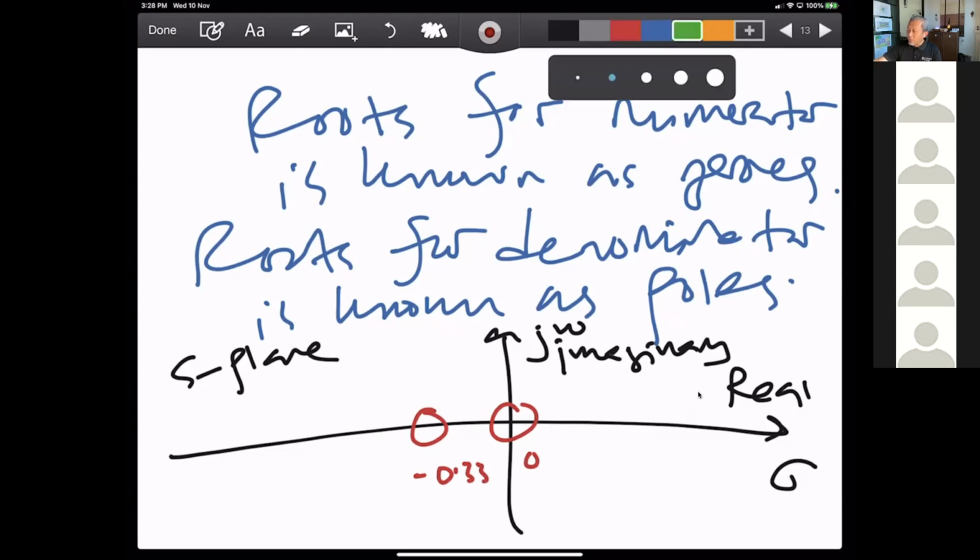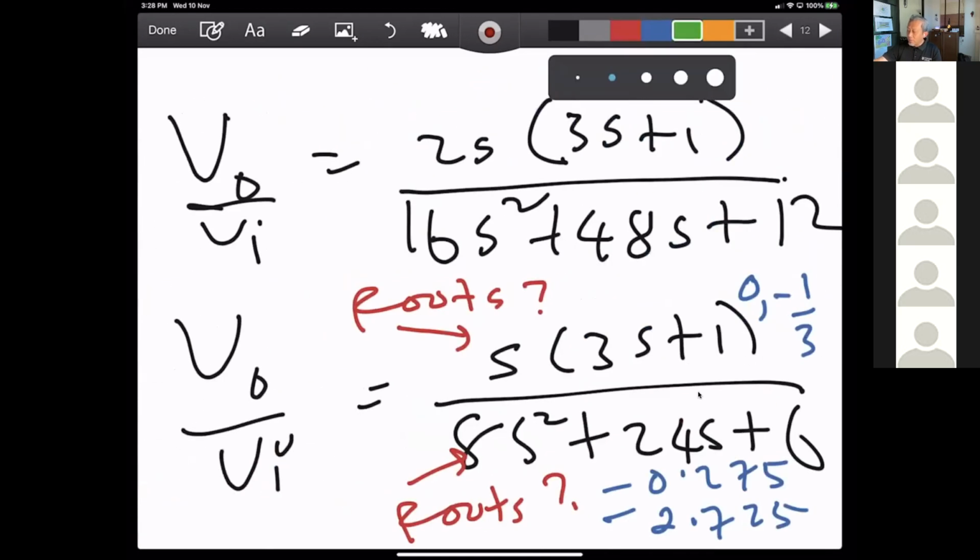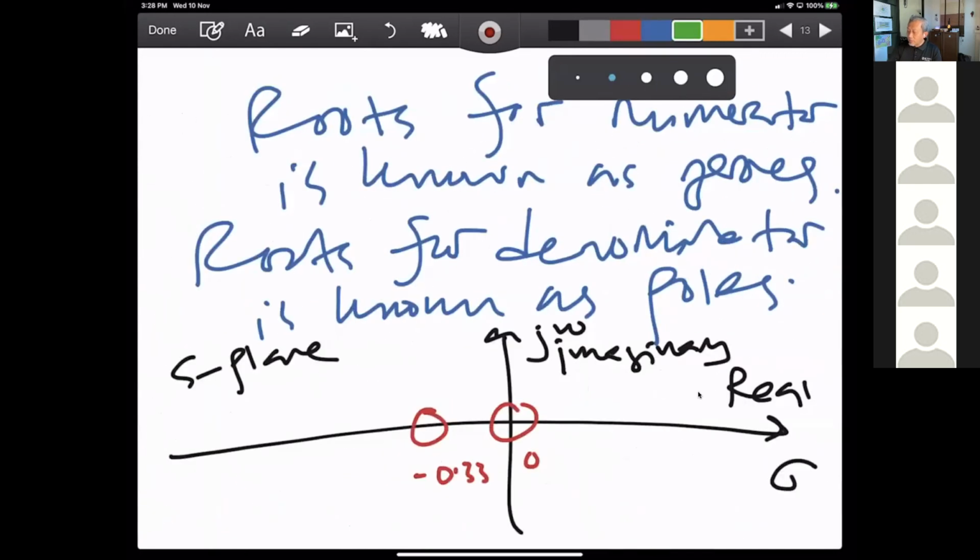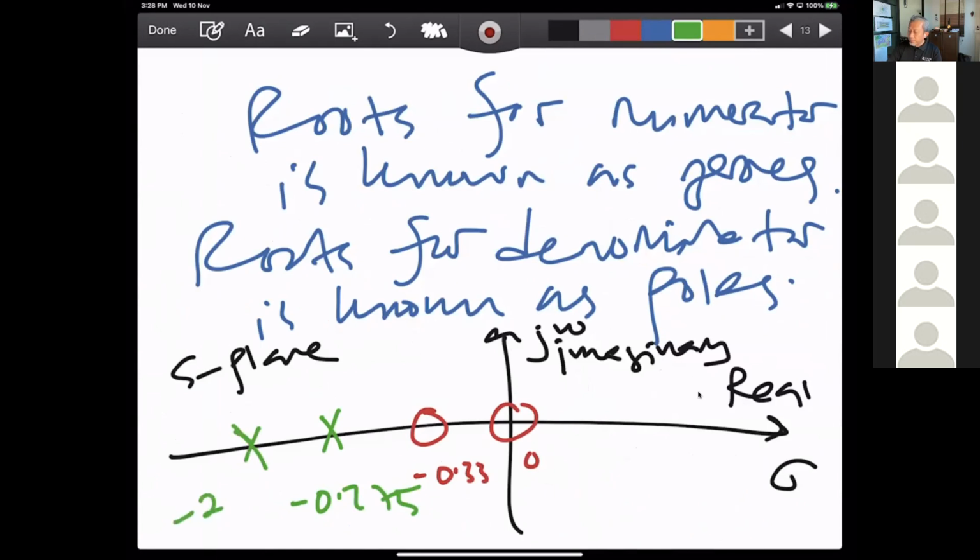And the values of the poles are negative 0.275 and negative 2.725. Okay. So the model consists of numerator and denominator roots, which are referred to as zeros and poles.